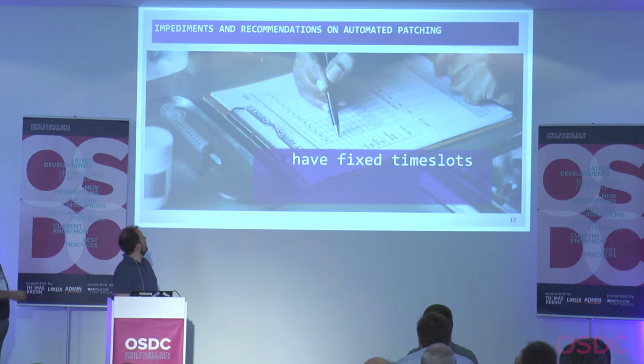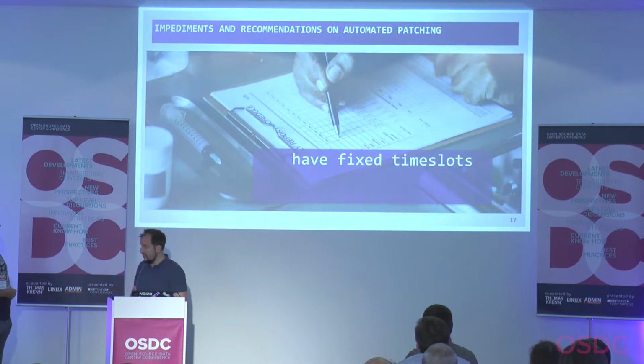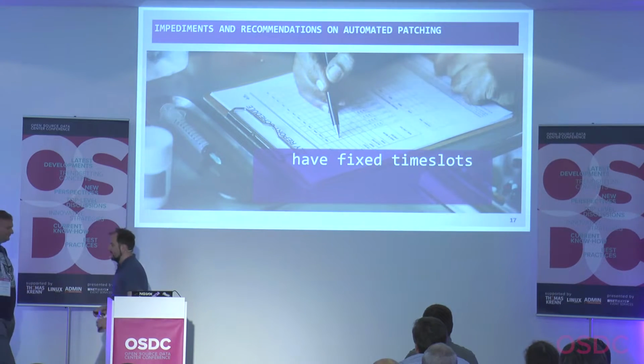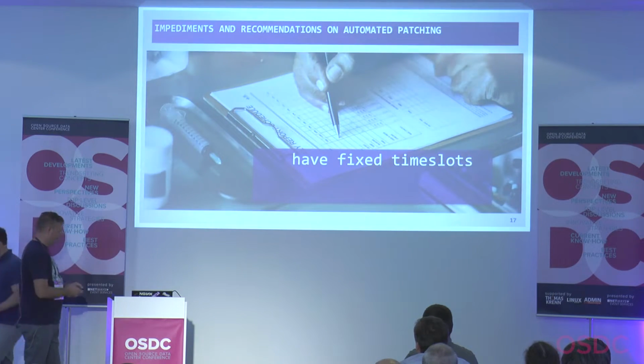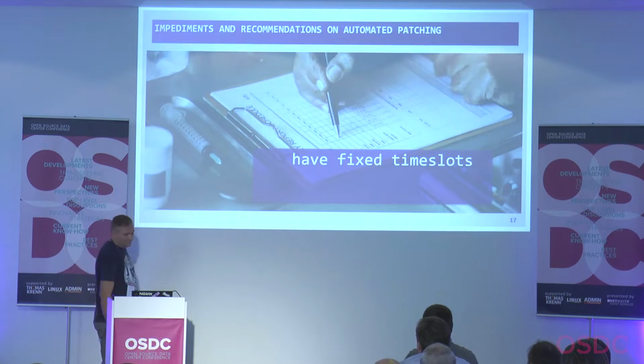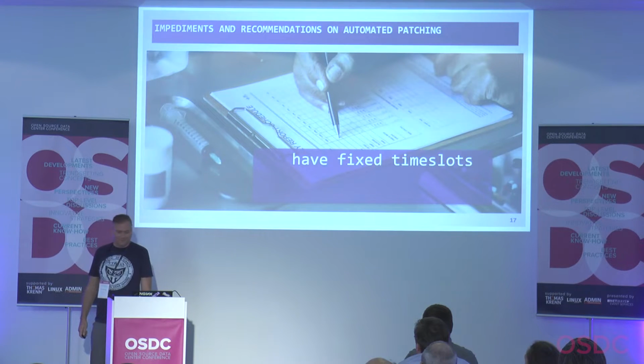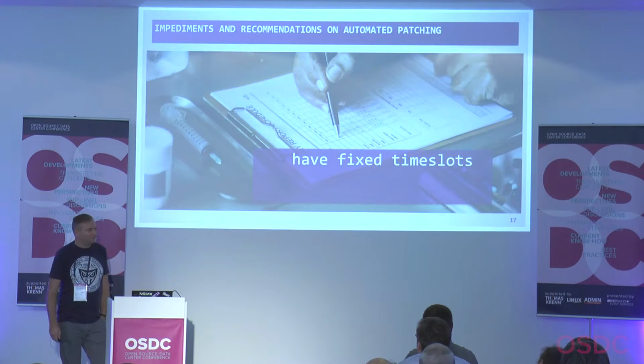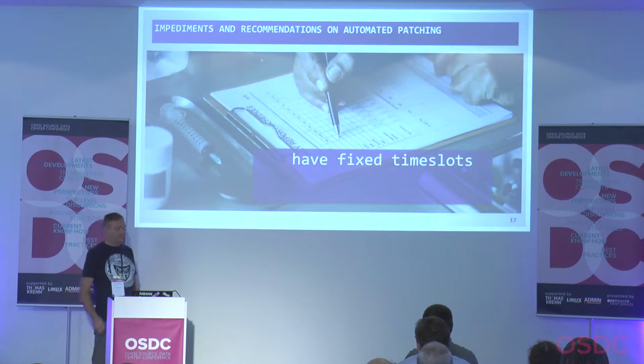So we have some impediments and recommendations on automated patching. There are some findings if you build such a solution, like every time you have to readjust or keep an eye on special things.